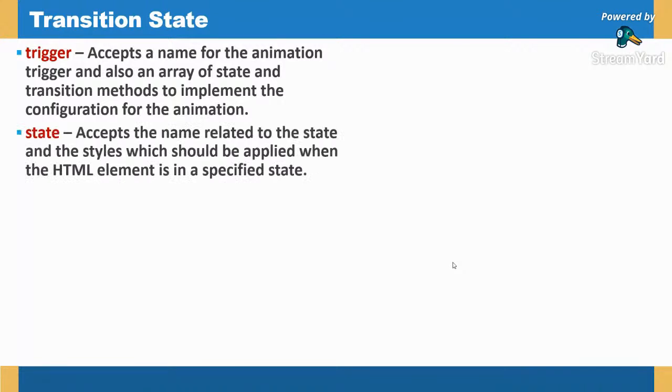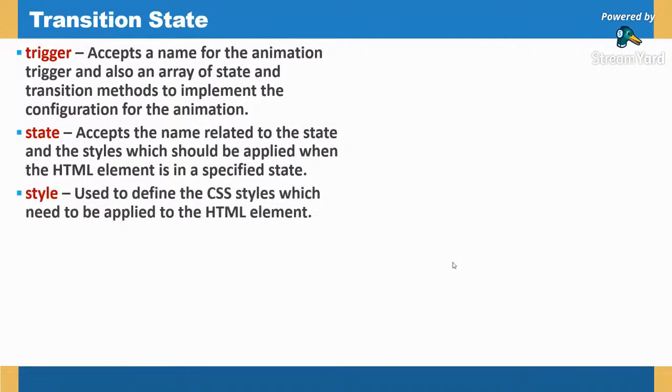The next one is state. It accepts the name related to the state and the styles which should be applied when the HTML element is in the specified state. So in this state part, we need to mention the trigger name, and mention what type of styles should be applied on the element when the element reaches that particular state. And the next one is style.